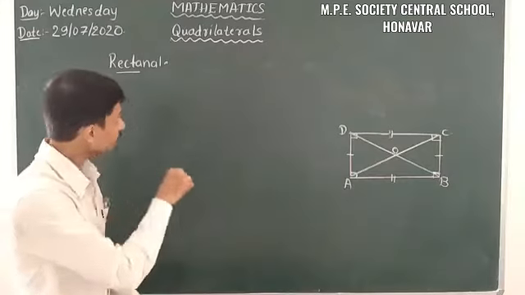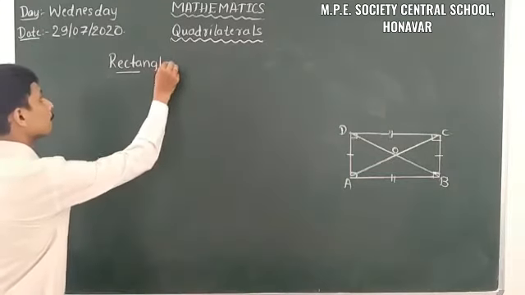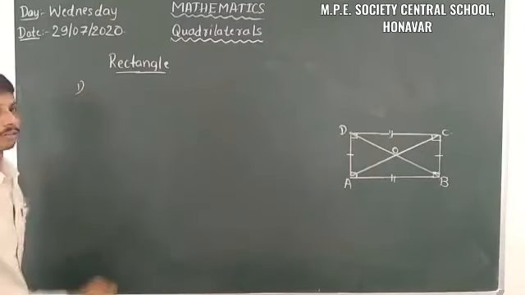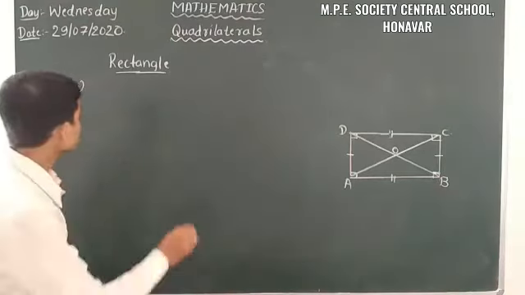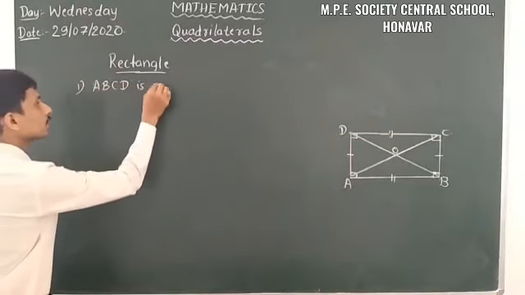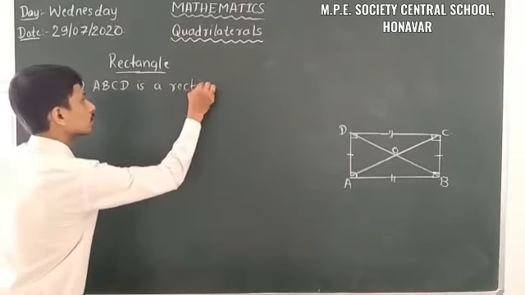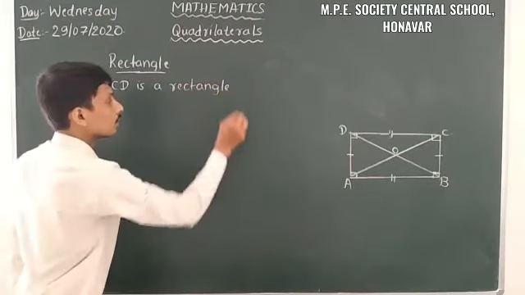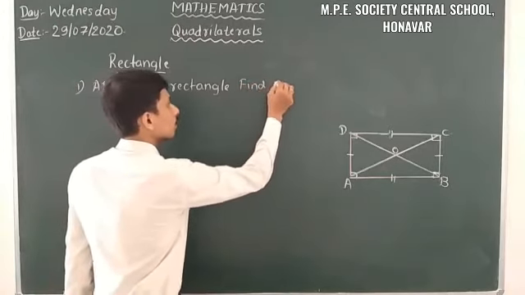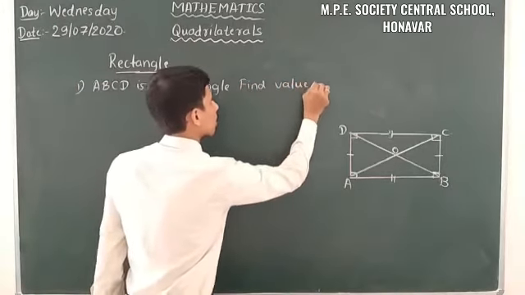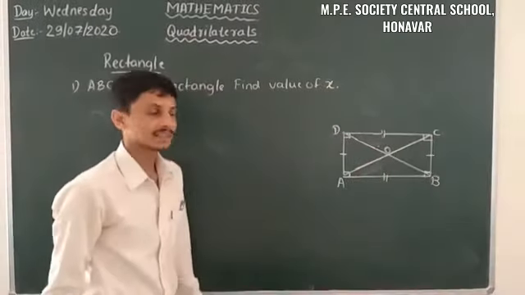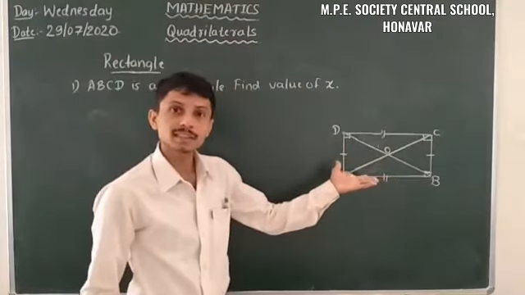Yes, so consider the first problem. Here ABCD is a rectangle. Find the value of x here. What is the given thing here?